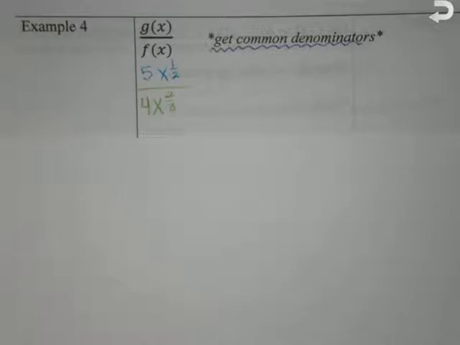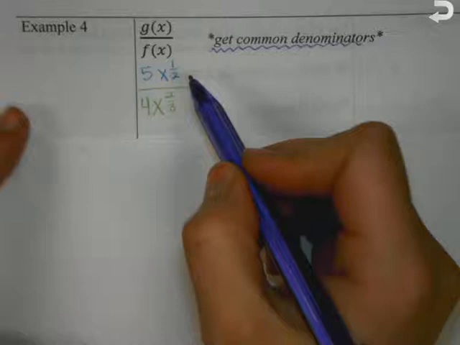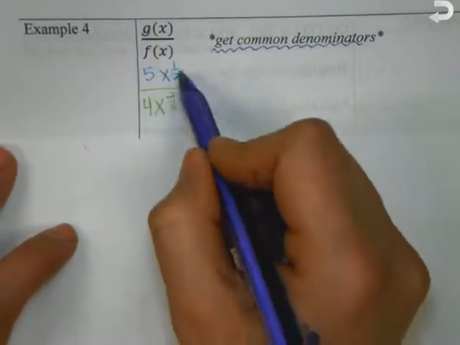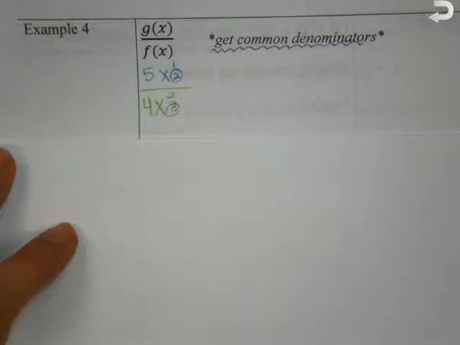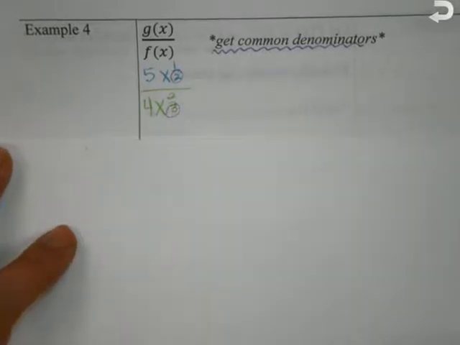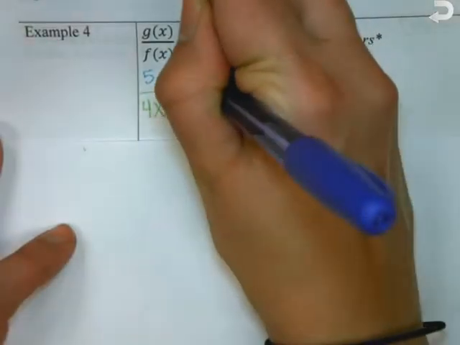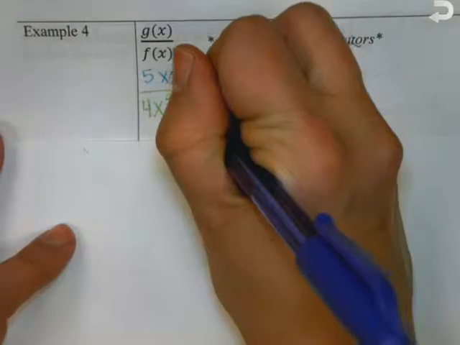When we're dividing powers, what do we do with the exponents? When you're multiplying, we add them. When we're dividing, we subtract them. So to subtract these two things, I'm going to need common denominators, right? So what would the common denominator be? It's a 2 and a 3. What would the common denominator be? 6. So I'm going to multiply the top one by 3 and 3, and the bottom by 2 and 2.